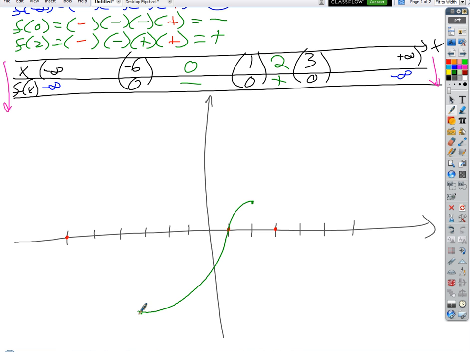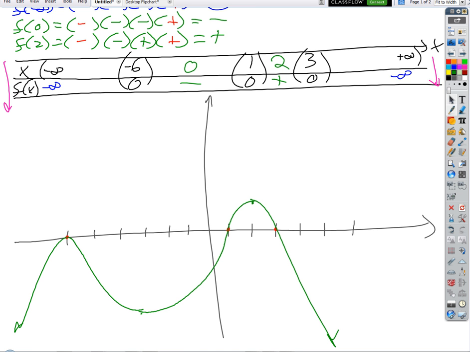It's got to be tangential, doesn't it? Okay, so it's got to come up and do something like that. Right? How about at this end? If it's going to end with negative end behavior, what's it doing over here? Okay, it's just going to cross, like so. Right? There's our function.